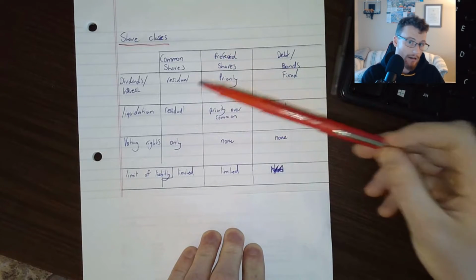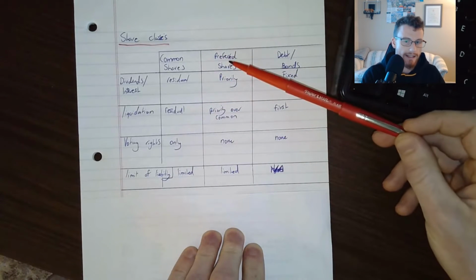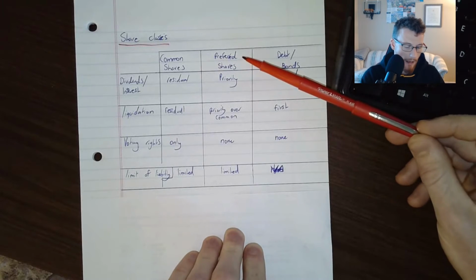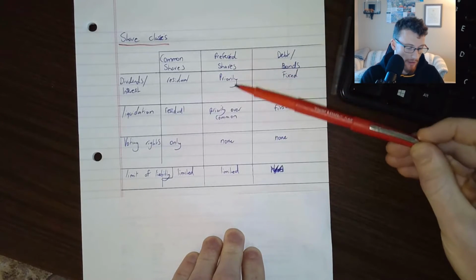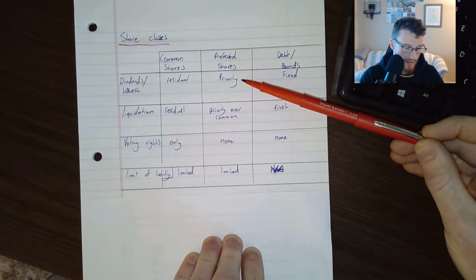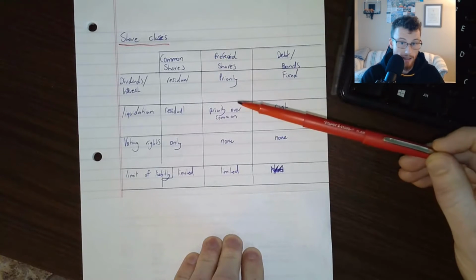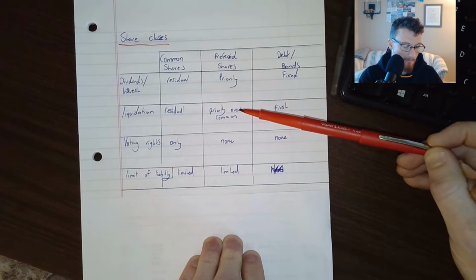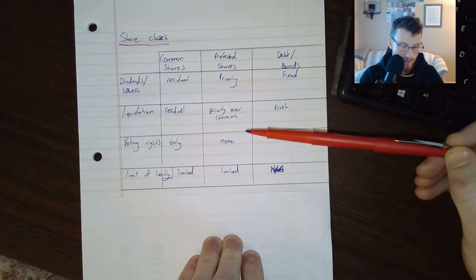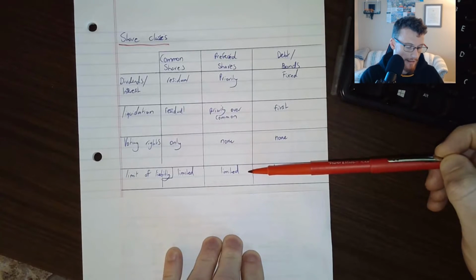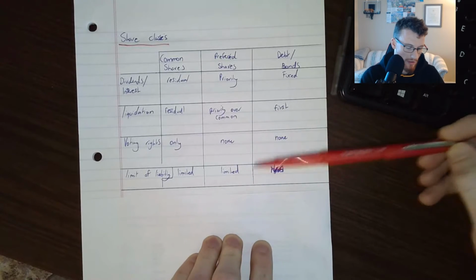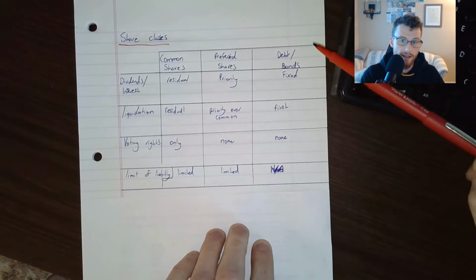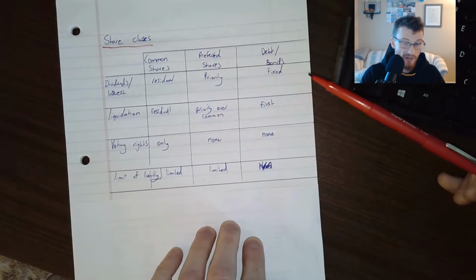Preferred shares are like common shares, except they are a lower class, which have less risk because they get priority dividends and priority upon liquidation. They do not have voting rights, and obviously the liability is limited to the amount they have in their shareholding. Debt, on the other hand, is fixed.